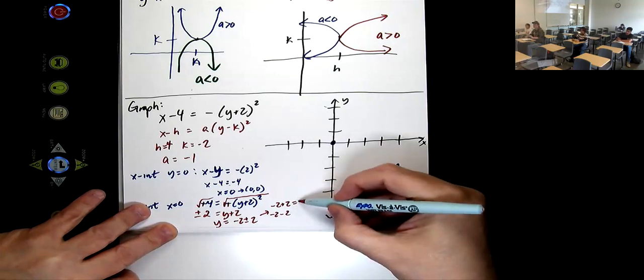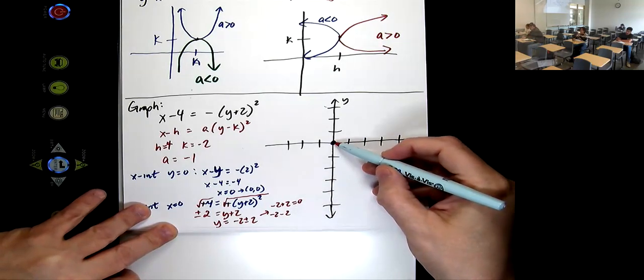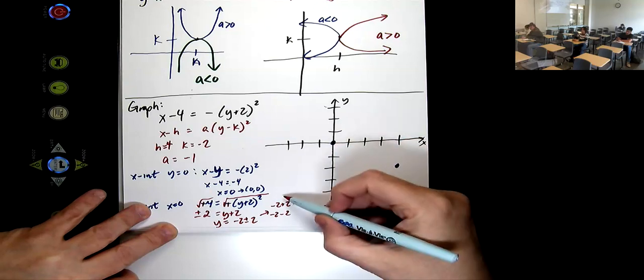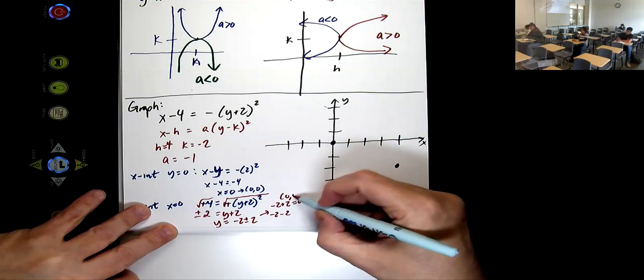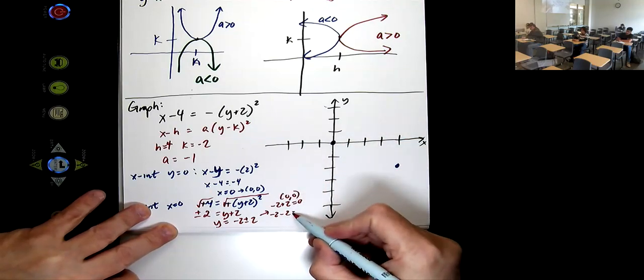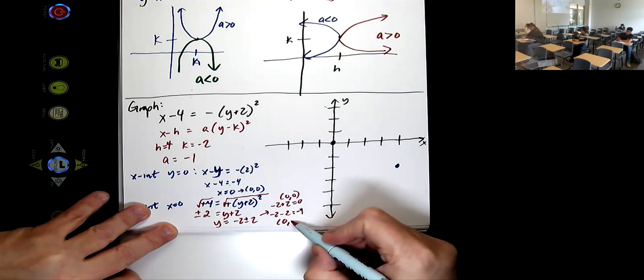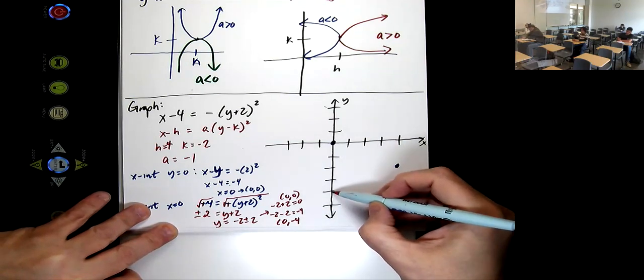Negative 2 plus 2 is 0. We already know that one, it's right here. So 0, 0. Negative 2 minus 2 is negative 4. We get 0, negative 4, which is right here.